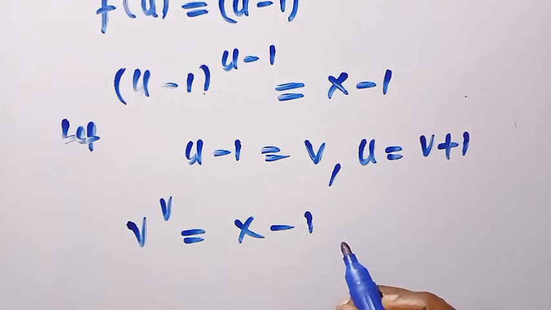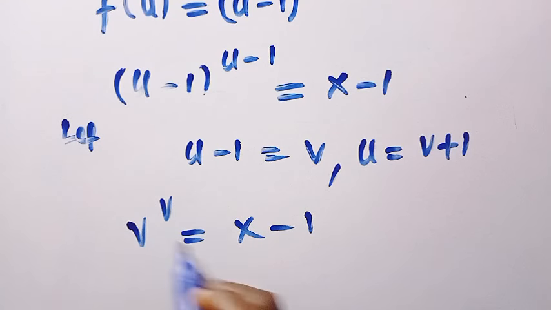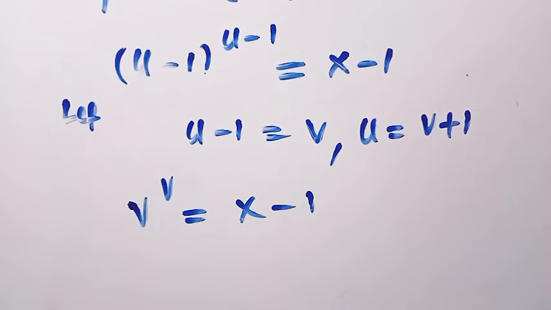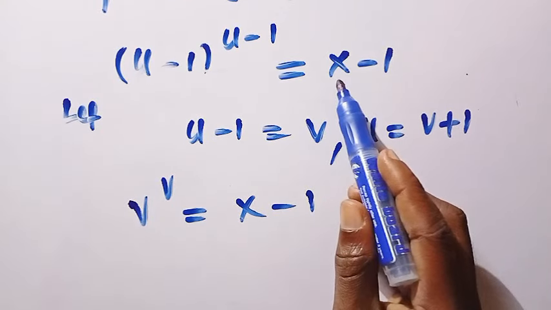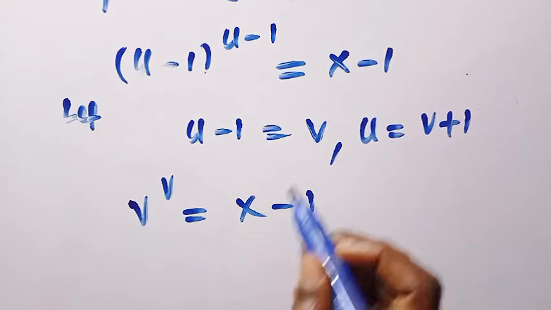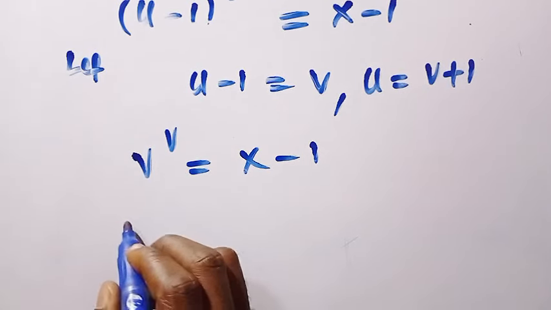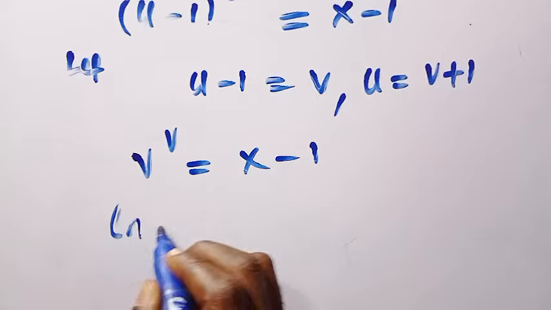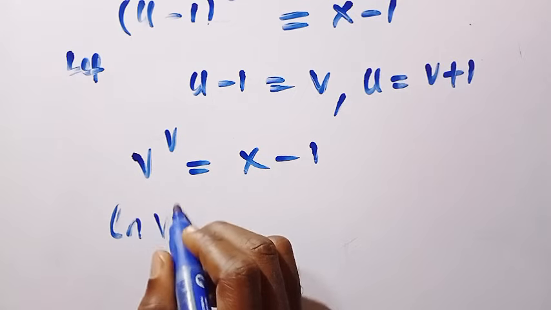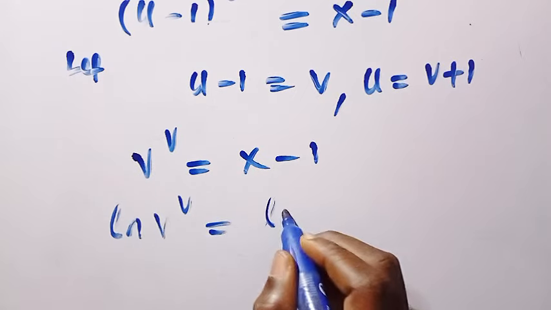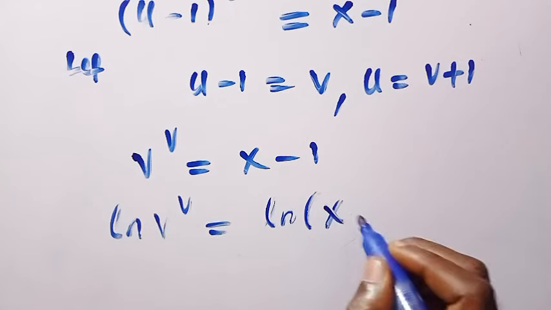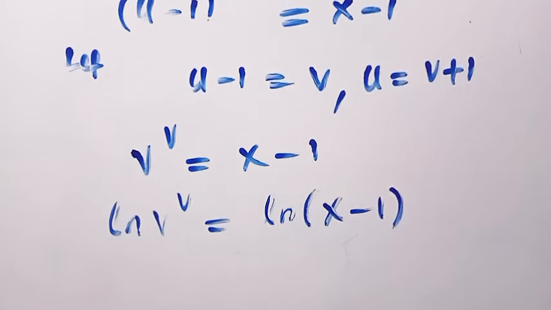I want to apply the Lambert W function. That is the whole of this process. We can also apply it at the earlier stage, but let's make it short like this. Here we introduce the natural logarithm: ln of v raised to the power v equals ln of x minus 1.